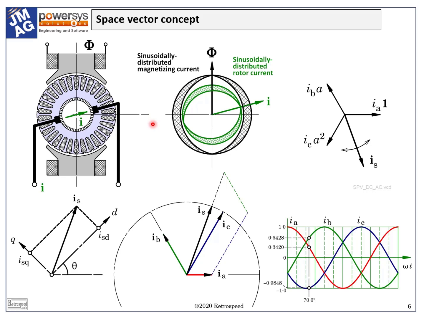Now, if we have a sinusoidal distribution of ampere conductors, we can, in precisely the same way as in the DC motor, characterize its effectiveness by the same two parameters: the magnitude I in amperes, give or take a coefficient which we've just mentioned, and the direction.